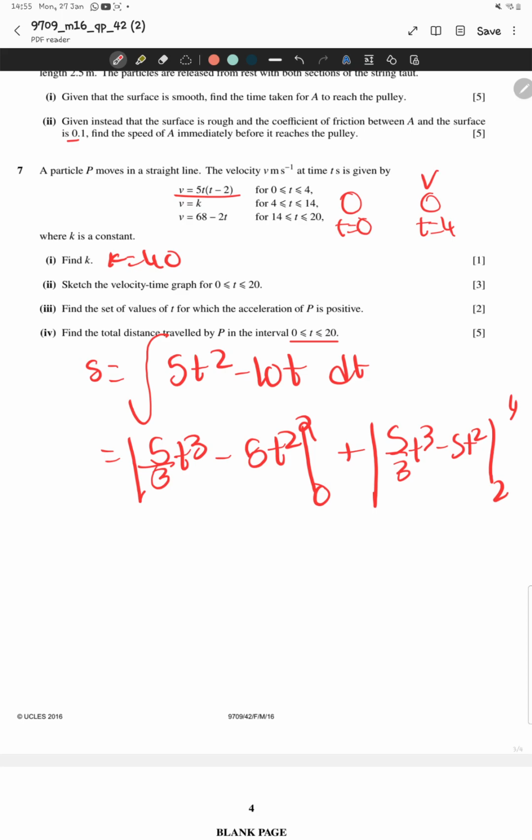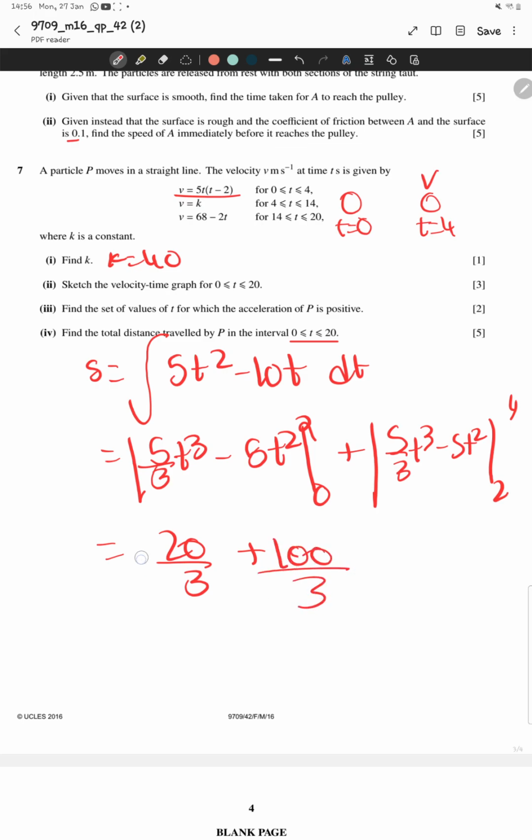From 2 to 4, I think this was negative 20 by 3, plus there's like 100 by 3.